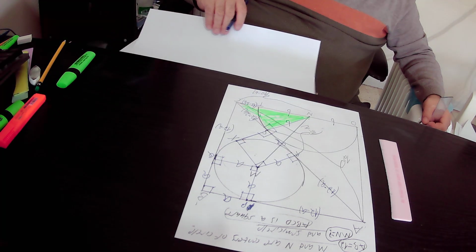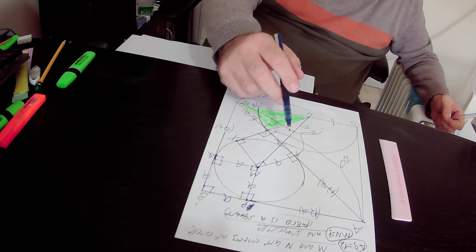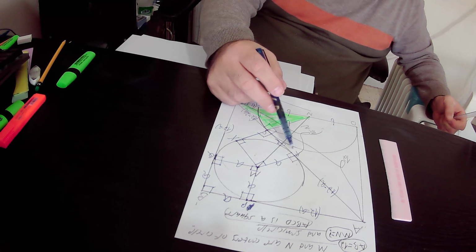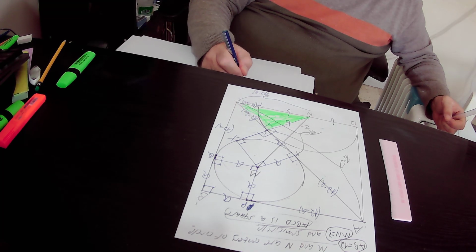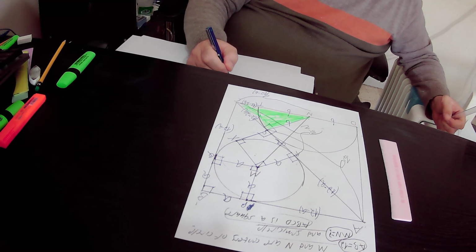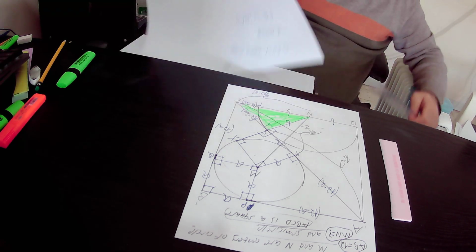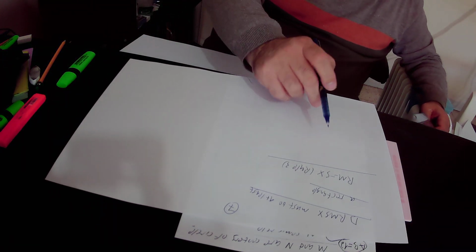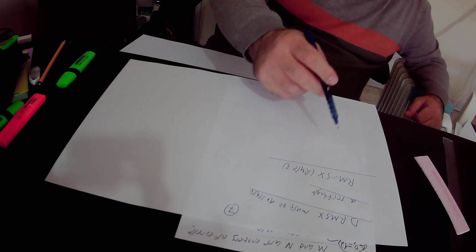And we know that the opposite sides of a rectangle are equal to each other according to rule number 3. That is to say, RM equals SX in rectangle RMSX according to rule number 3.